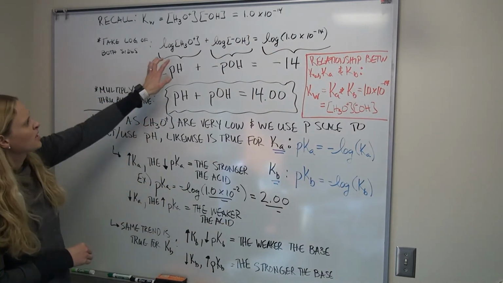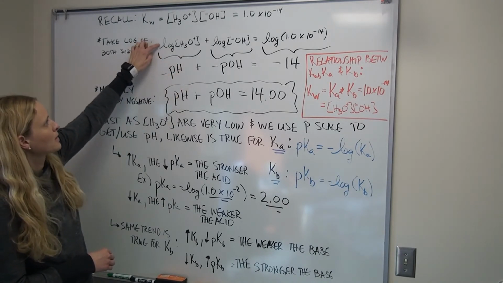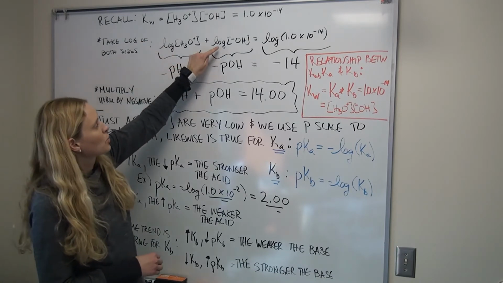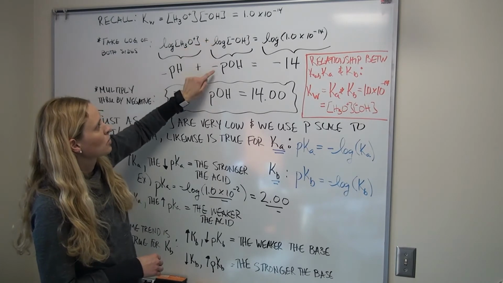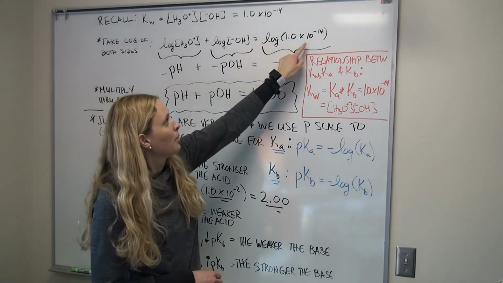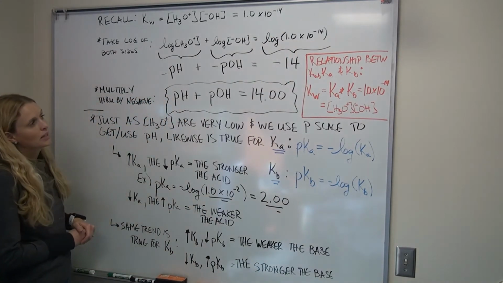Okay? This looks very similar to the pH equation, except it doesn't have the minus sign there. So I'm just going to put minus pH is equal to that. And the same thing, minus pOH is equal to that, because we're missing the minus sign there, so we put the minus sign there. And the same thing, the minus sign is missing, but this number here is equal to minus 14 then.